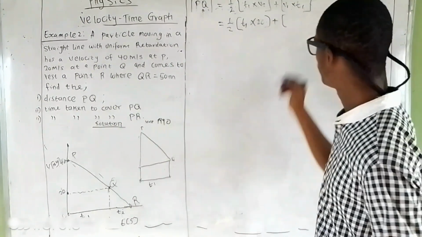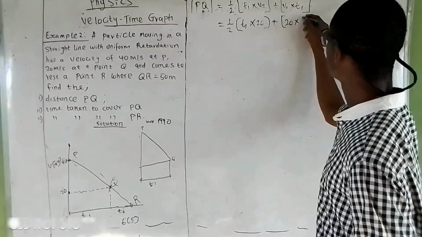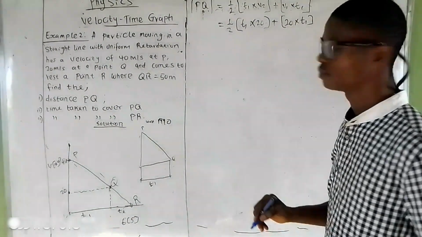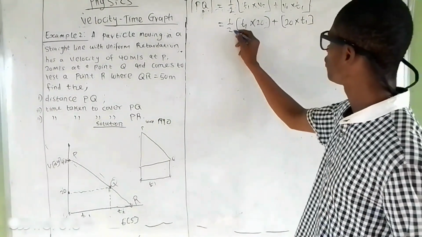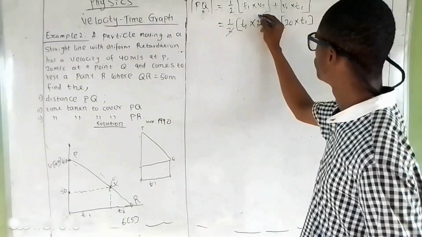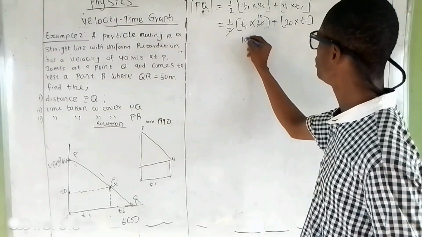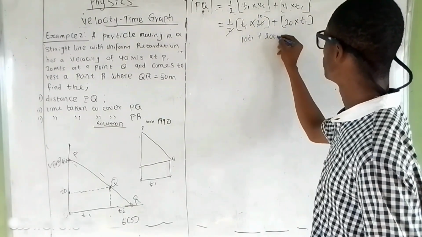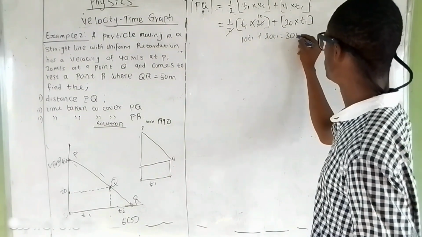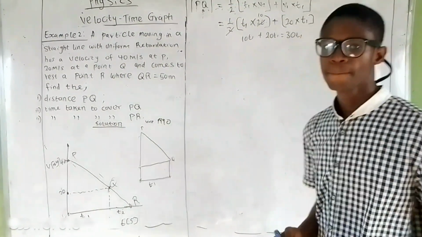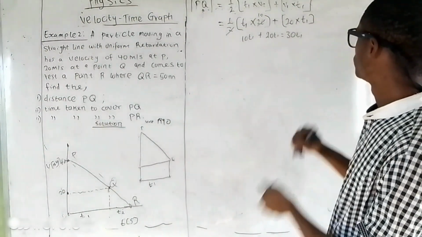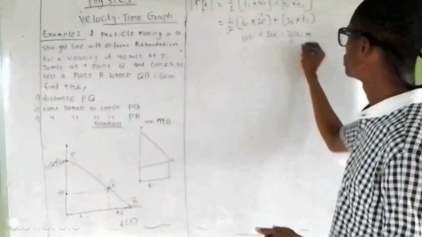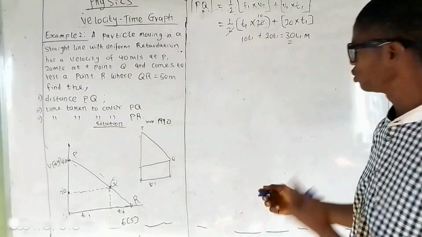So what is our V1? It is 20 times T1. So here, half of this should give you 10. So it will now be 10 T1 plus 20 T1, which will give you 30 T1. So this is the movement now. You can write meters if you want to, but it is not the final answer though. We'll still come back to it.